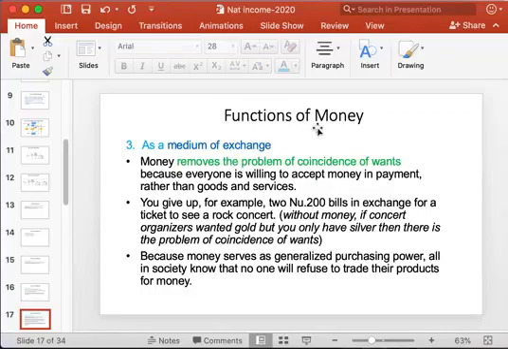Because money serves as a medium of exchange, money removes the problem of coincidence of wants, because everyone is willing to accept money in payment rather than goods and services.